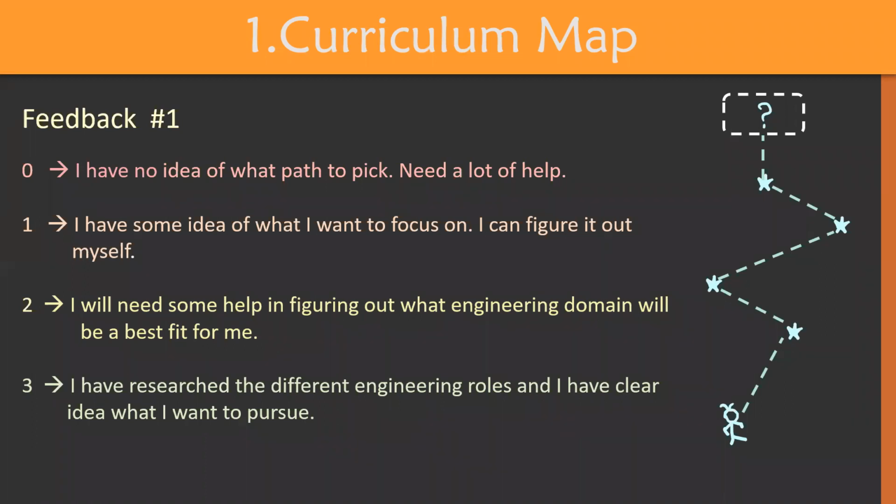In case you need some help in figuring out what engineering domain will be the best fit for you, there are various roles I said, like analog design or mixed signal design, digital engineer. So if you want to know more about those different roles, then you can respond with the choice 2. Or if you think that you have enough research done on various engineering roles and you have a clear idea what you want to pursue, then you can go with choice 3.